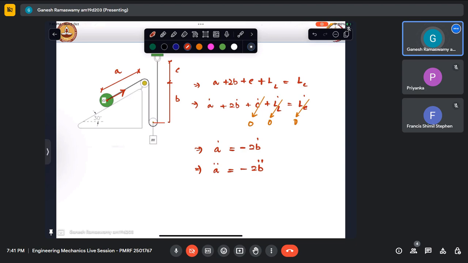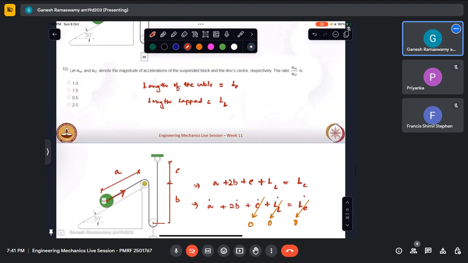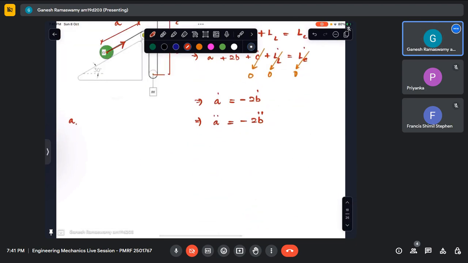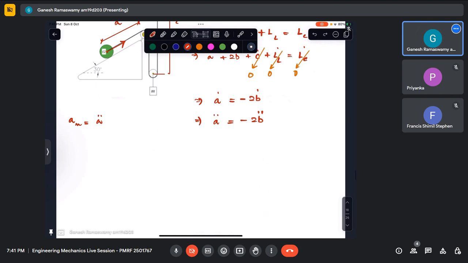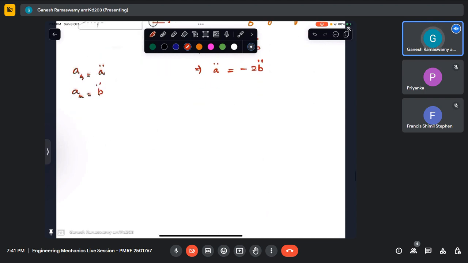So in which case, AG, sorry, AG is A double dot, and AM is B double dot. So we can see from here that AG is nothing but 2AM.